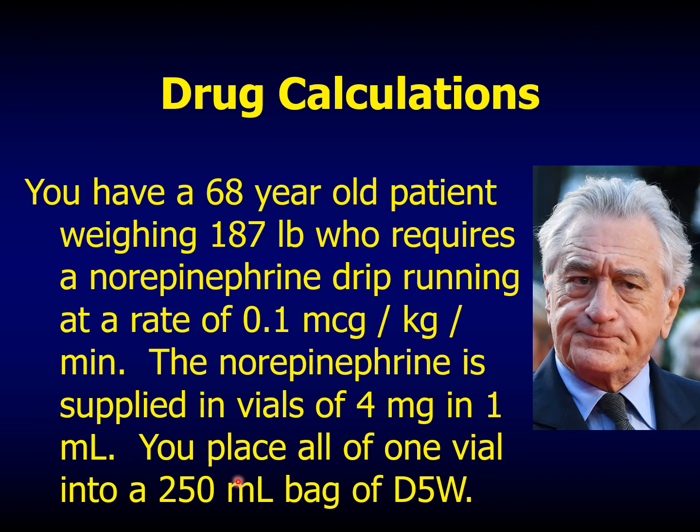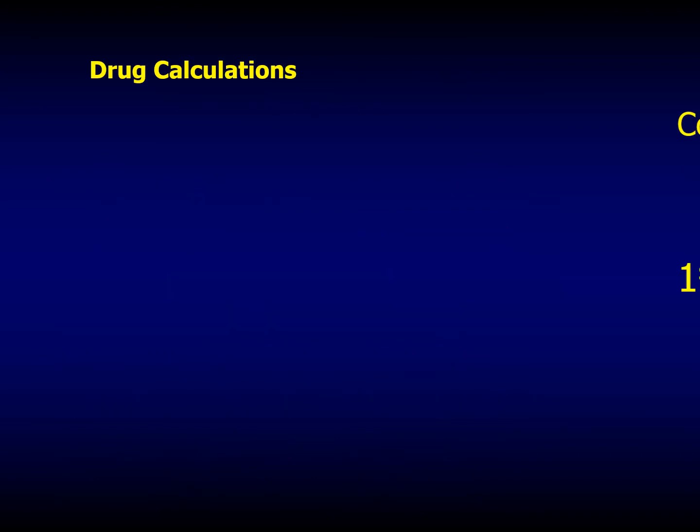Do the calculation with 250 mils and 251 mils, and you'll see the difference is so insignificant. I'd also say with norepi, we're titrating to effect. So consider that too. However, best practice again would dictate you take out 1 ml.